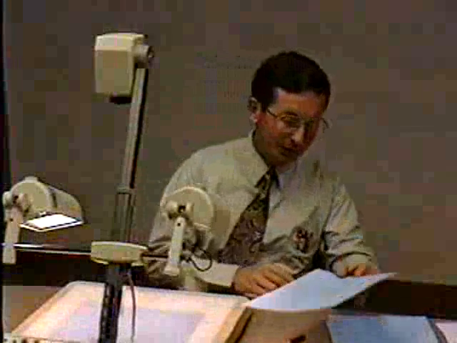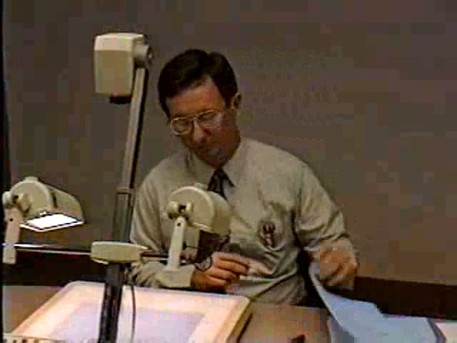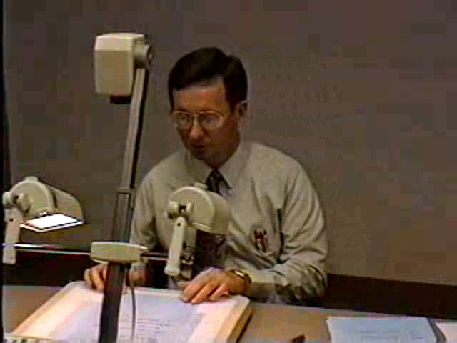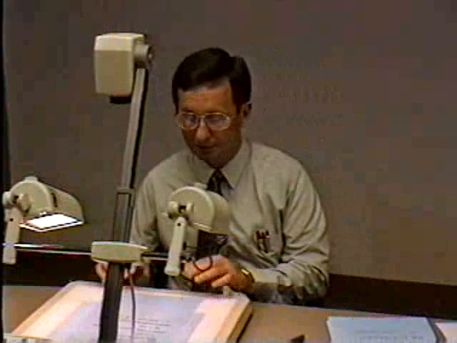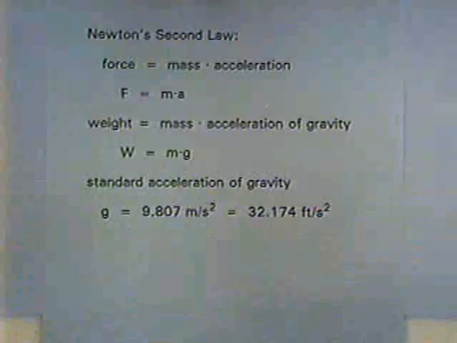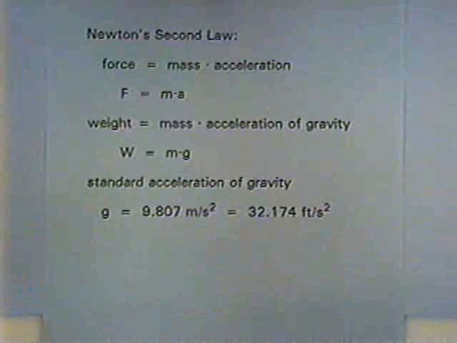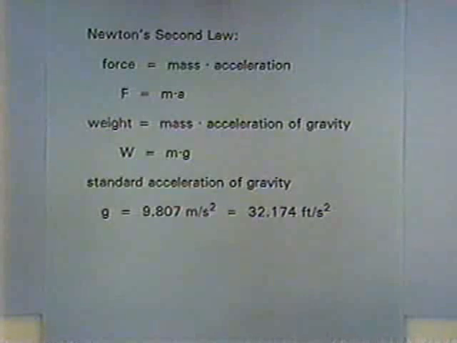You keep your units straight by remembering back to Newton's second law, or that's the tool I like to use to relate force and mass. And Newton's second law says force is mass times acceleration. And in fluid mechanics, it's more pertinent to think in terms of weight, and weight is mass times acceleration of gravity.